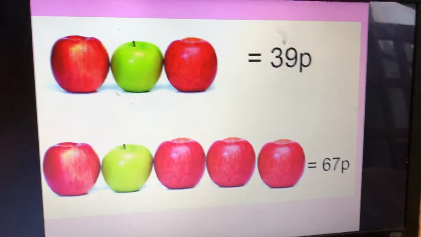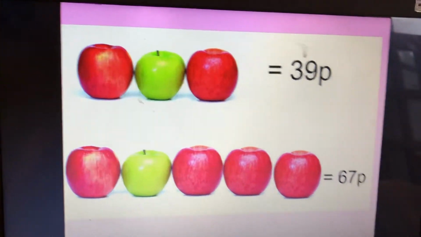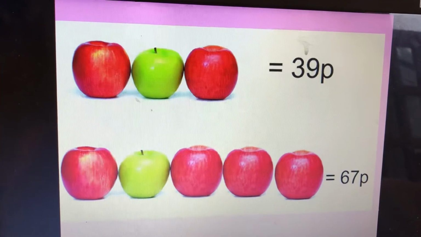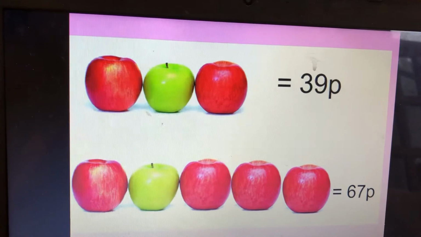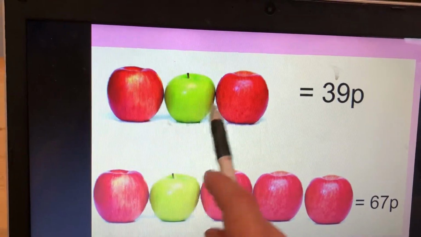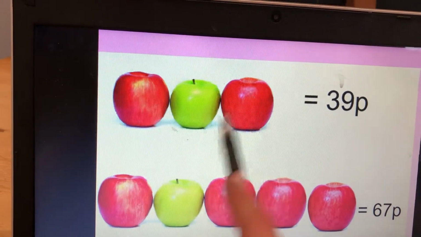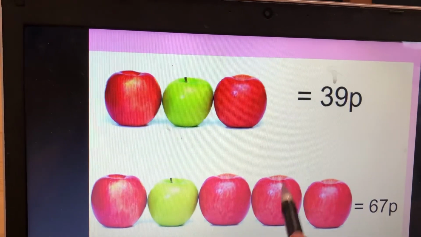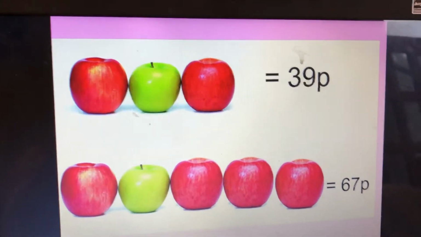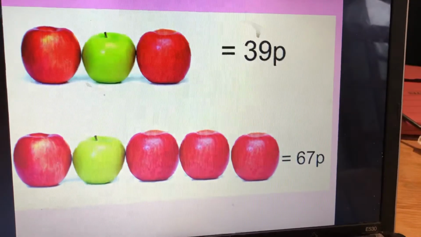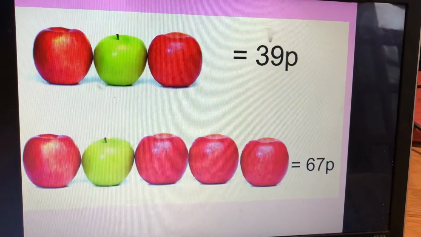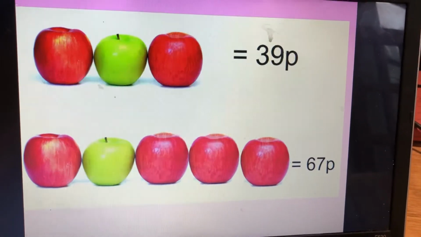Okay, again, similar sort of thing. Apples here. What's the same? What's different? I'd look at the pictures actually and really use that to help me. Red, green, red, red, green, red. So on this one here we've got 2 more red apples. And what's the difference in the amounts that we've got? It's 67 minus 39.